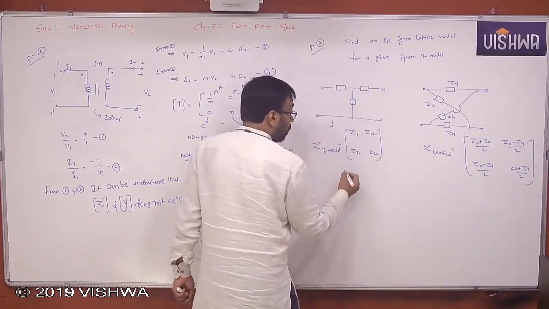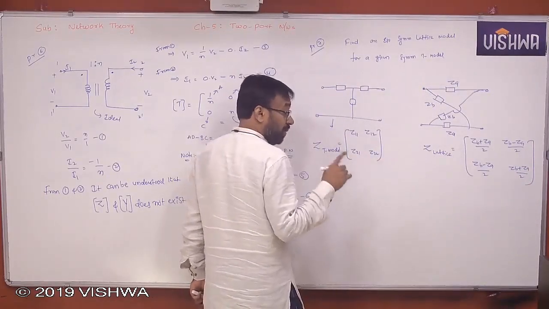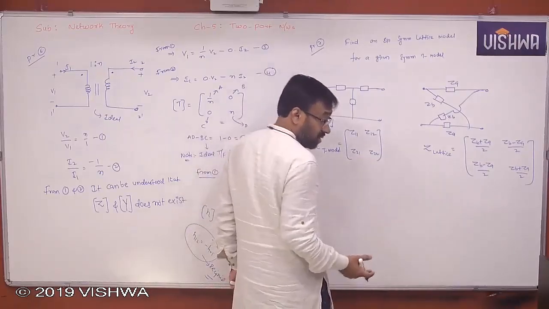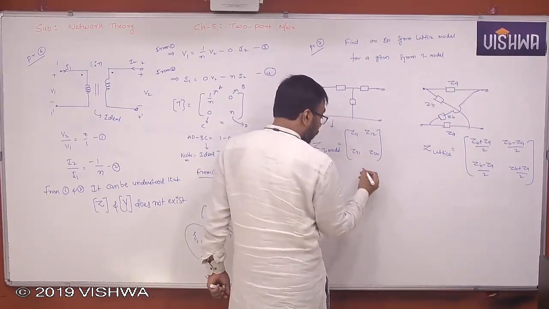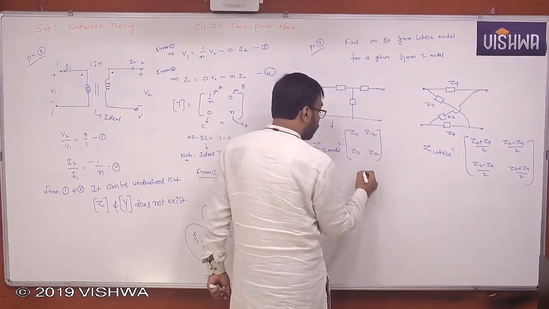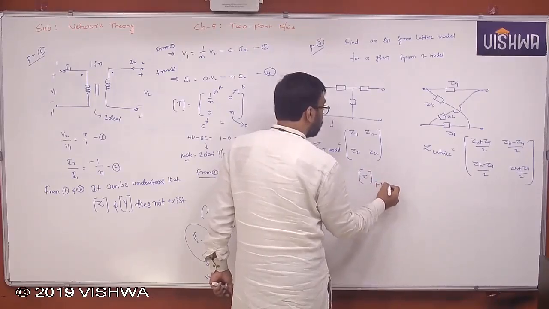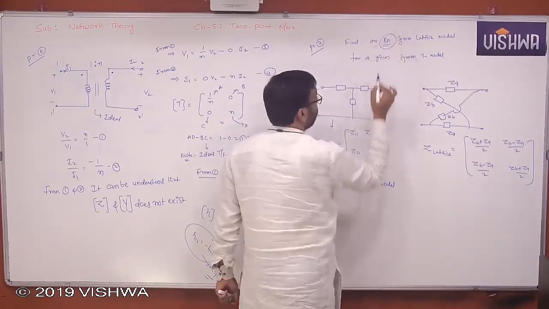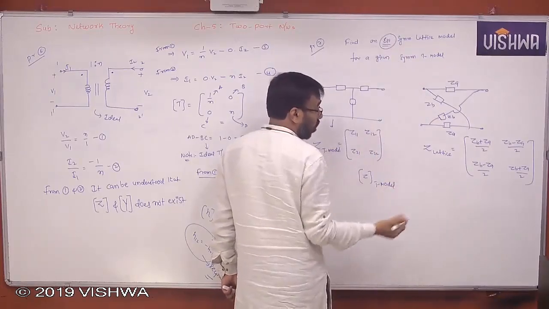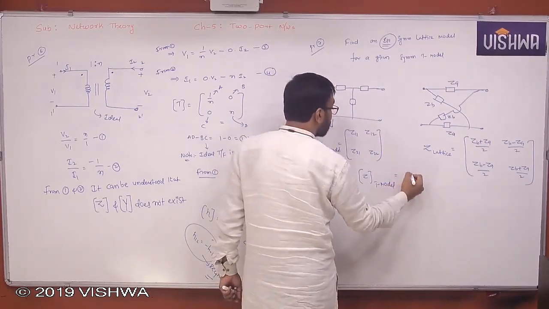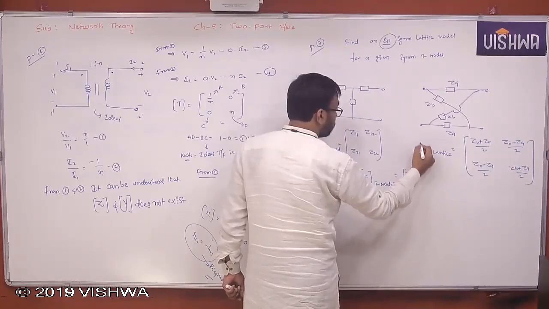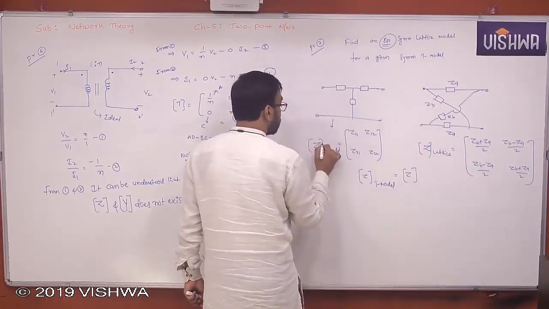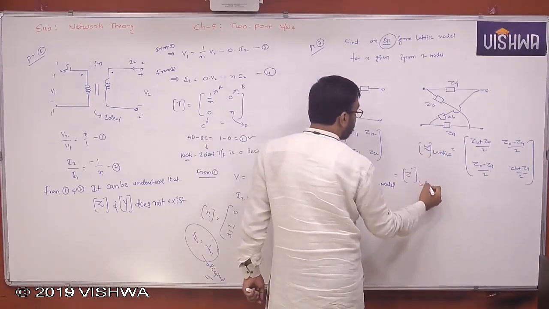Both two-port networks are said to be equivalent if their parameters are the same. Since an equivalent symmetric lattice model is wanted, the Z parameters must be the same.